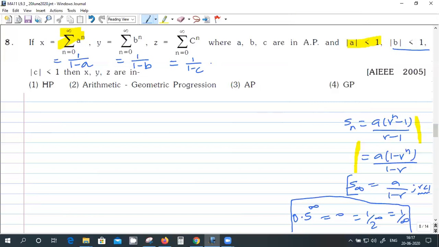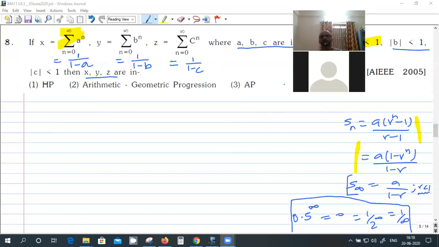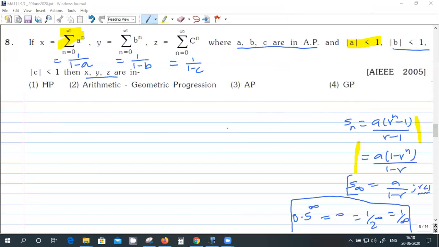And then he has given a, b, c are in AP. Then you have to find the relation between x, y, z. So how will you proceed? a, b, c are in AP, so what is the relation between a, b and c?